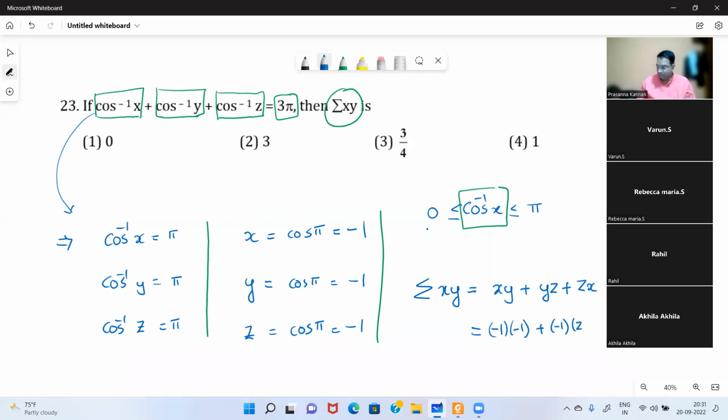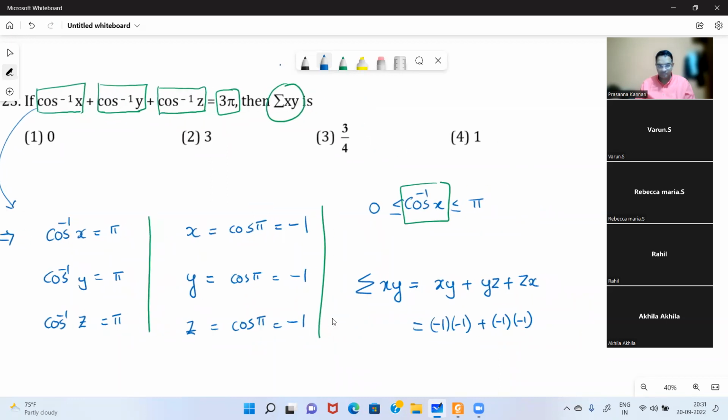Z is also minus 1. Minus 1 into minus 1 is plus 1. 1 plus 1 plus 1. So what's the answer? Option 2. Option 2 is correct.